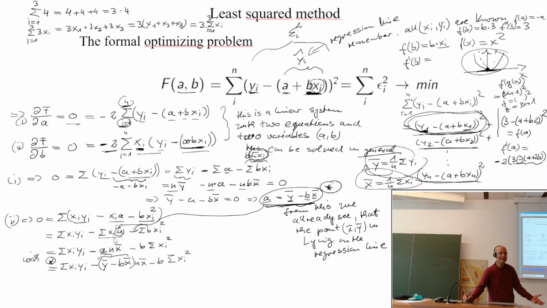What we are interested in, in the end, is that b is only dependent on our data set x and y.